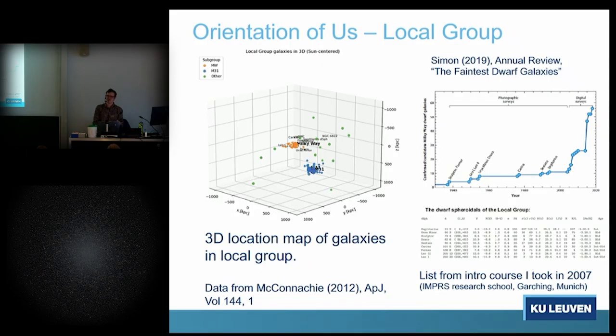And that leads us to what we call the missing satellite problem of the major model for structure growth in cosmology that we have, the so-called lambda CDM model, from which these types of structures and galaxies are formed.